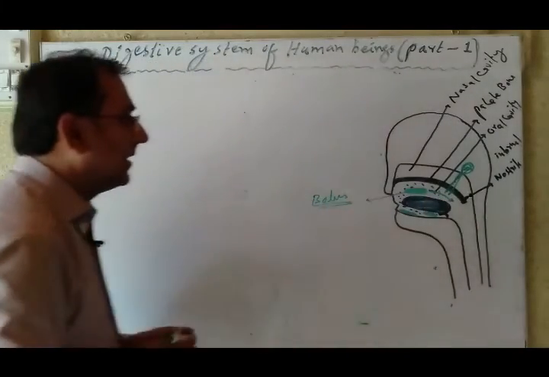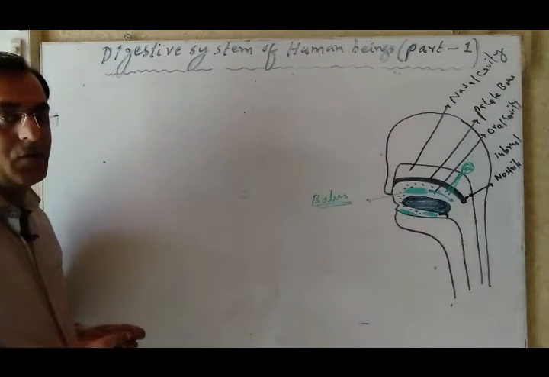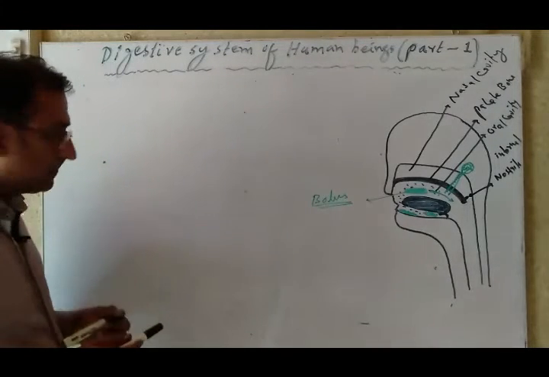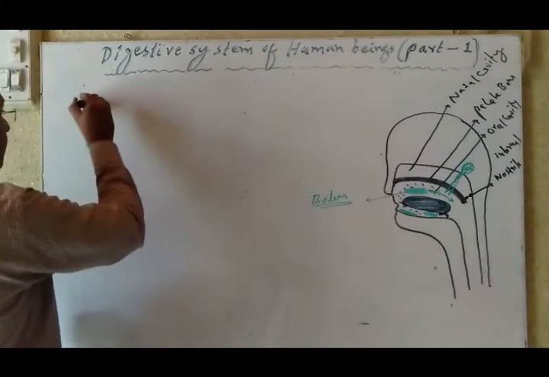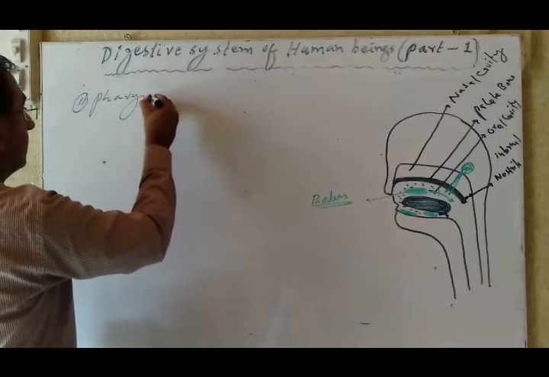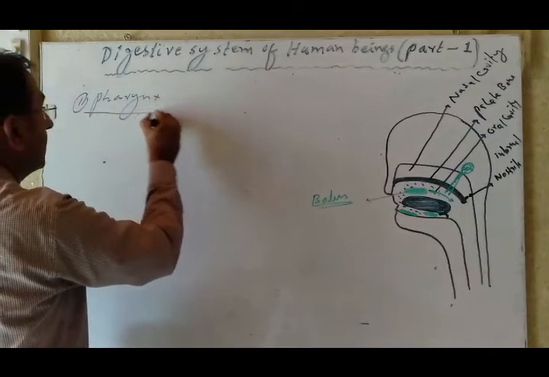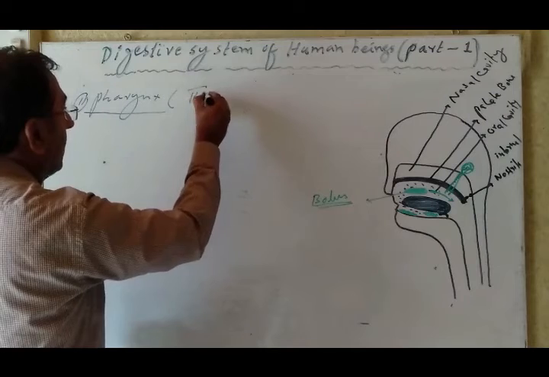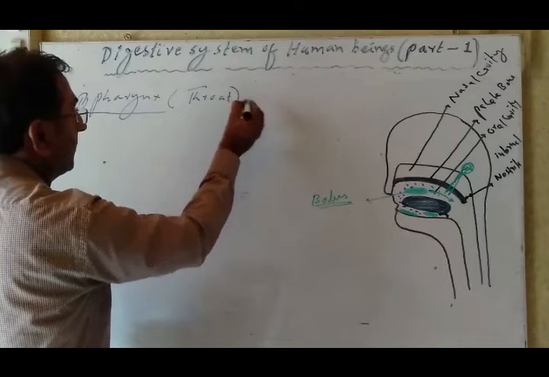Now this bolus is moved toward the next part of the alimentary canal, known as the pharynx. Pharynx, commonly known as the throat.